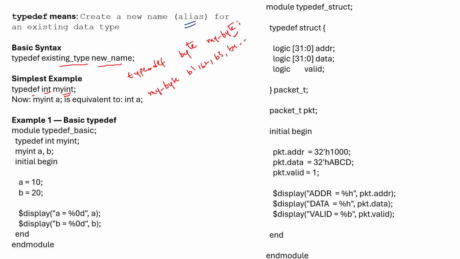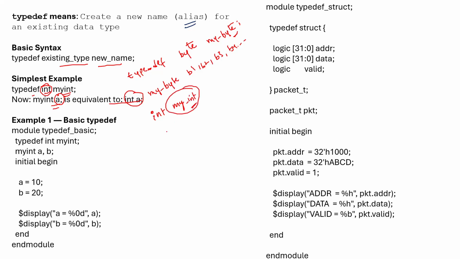Now my int a, so a is equivalent to int a, right? Whatever integer data type you have taken, then you mention a. I don't want to mention the full name my int all the time.